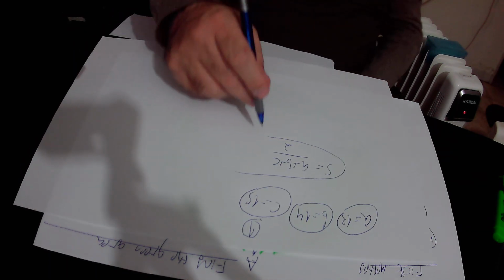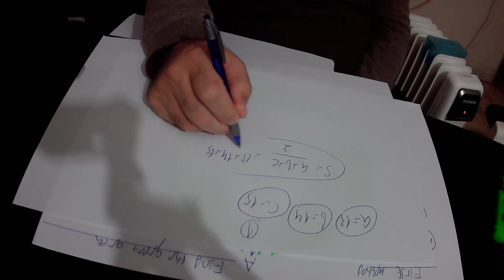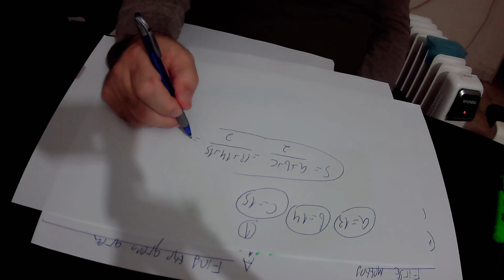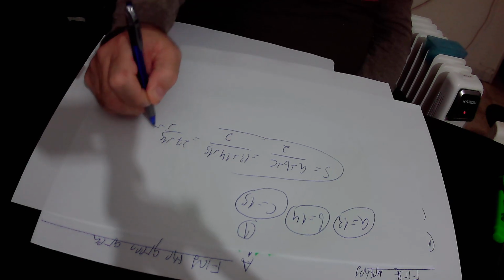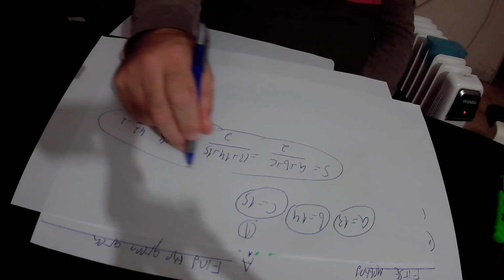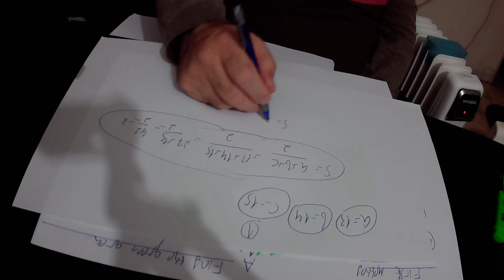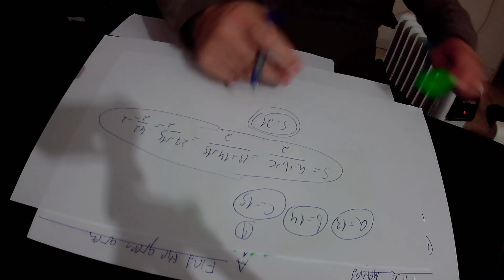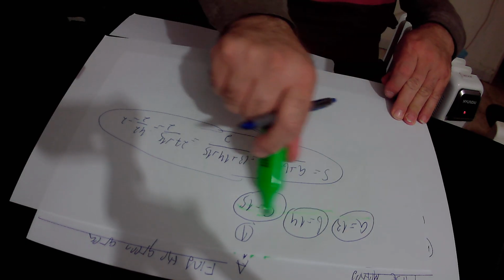So S equals 13 plus 14 plus 15 over 2. 13 plus 14 is 27, plus 15 is 42, and 42 over 2 is 21. So finally, the semi-perimeter of our triangle is 21 units. S equals 21, A equals 13, B equals 14, and C equals 15.